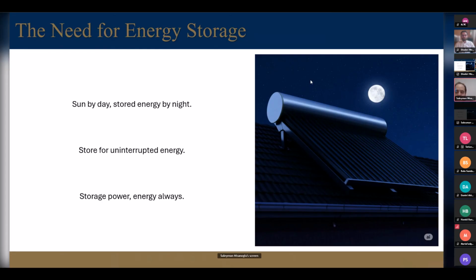The timing of energy supply and demand rarely match. For instance, energy production begins as the sun rises, while human energy demand peaks in the evening. To bridge this gap, thermal energy storage has been developed. These systems allow energy collected during the day to be stored for use at night.